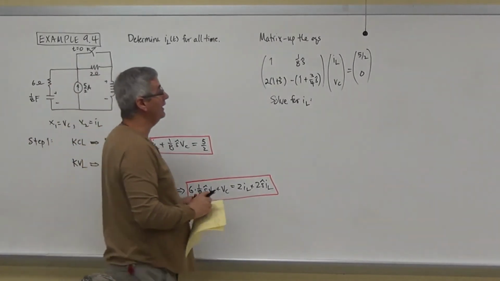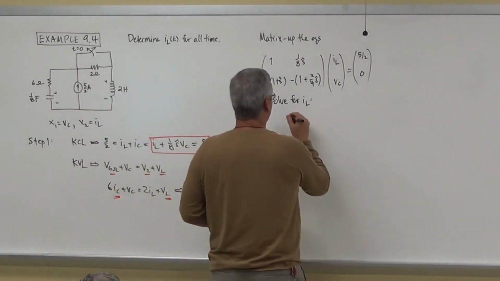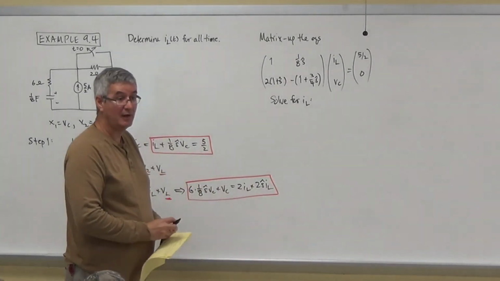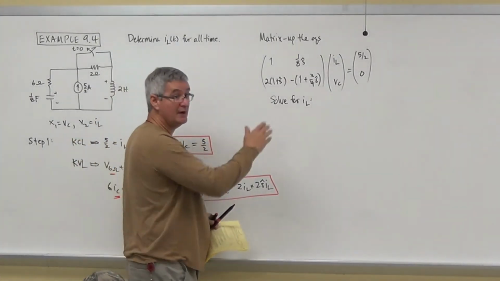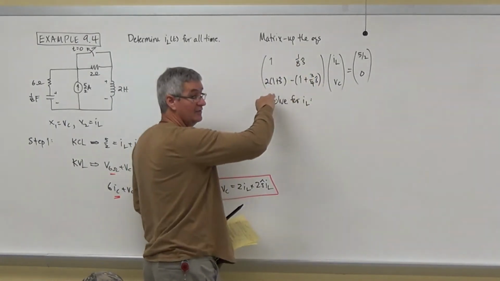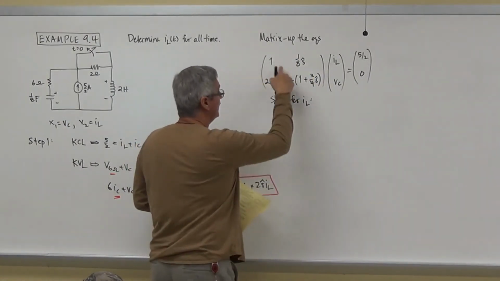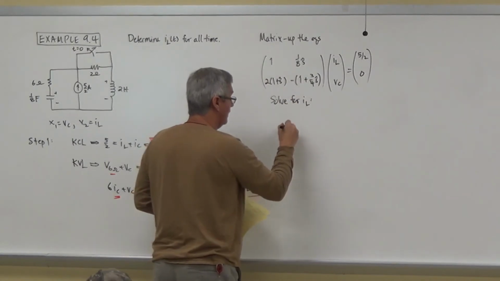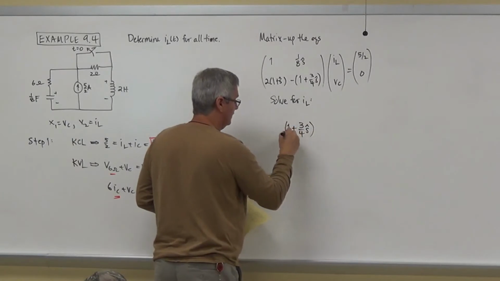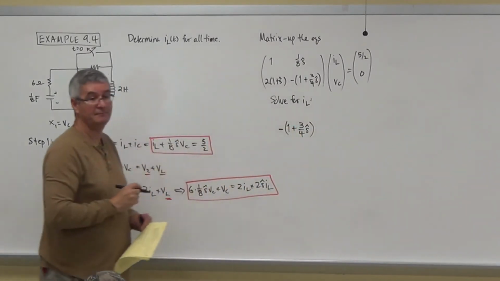Okay? Here I go. When I solve for IL, I'm going to keep this guy down here, and I'm going to take this matrix and do my determinant. So remember, positive, negative. I go 1 times that quantity, so it's going to be 1 plus 3/4 s hat with a minus sign.